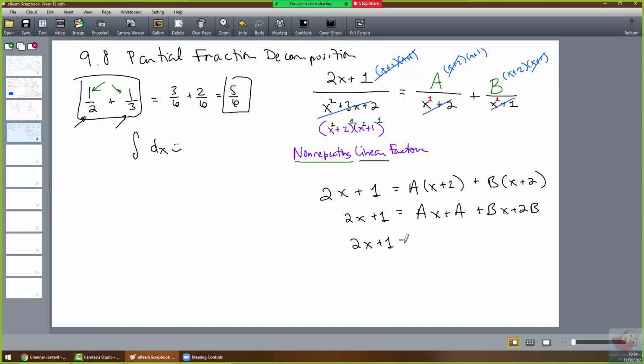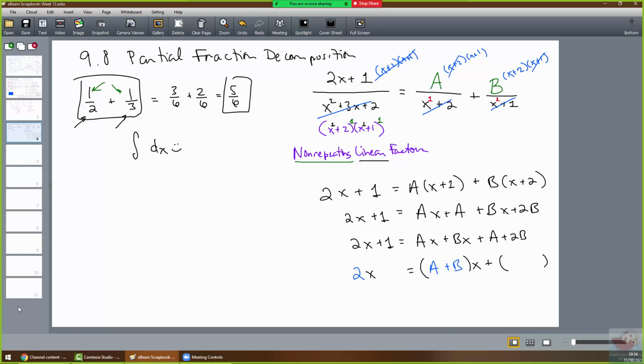Rearranging terms on the right, I'm going to put the terms that have an x together, and the terms that are constant together. And then from the first two terms, I'm going to pull out an x, and the next two terms, I'm just going to leave alone.